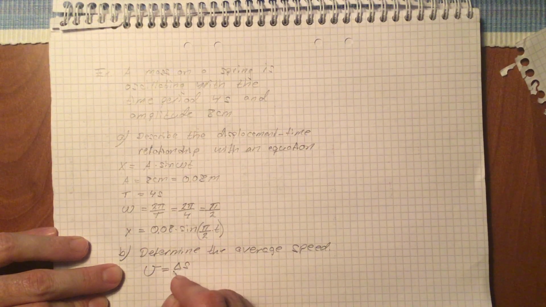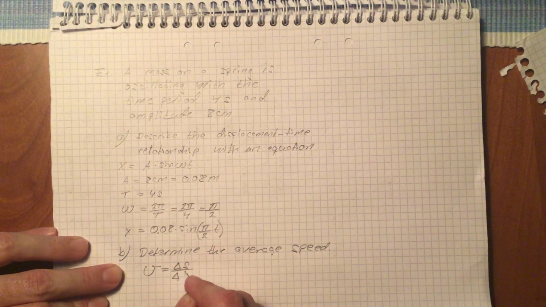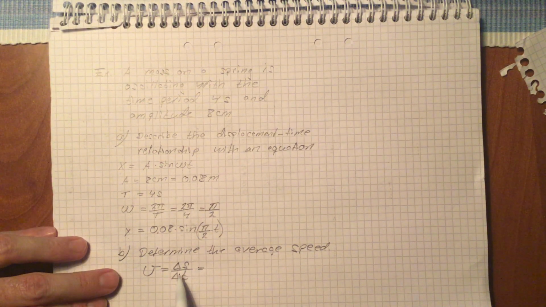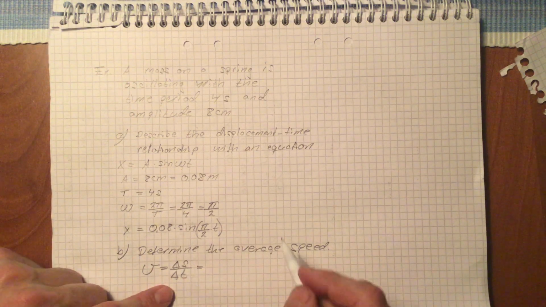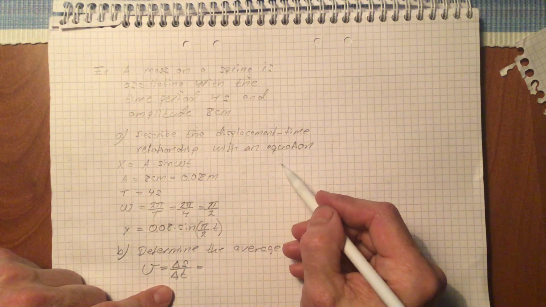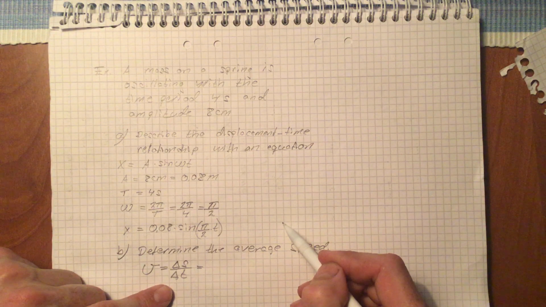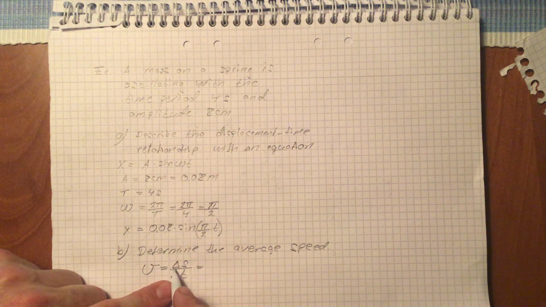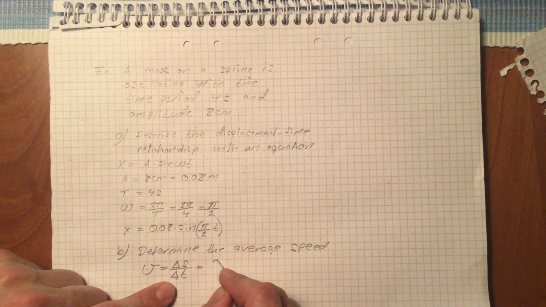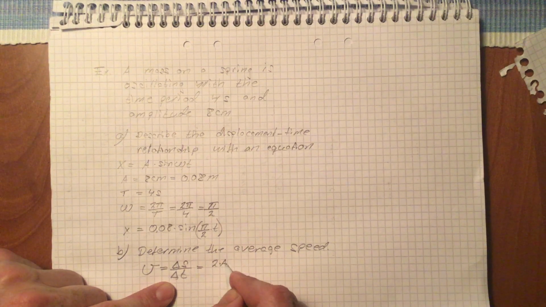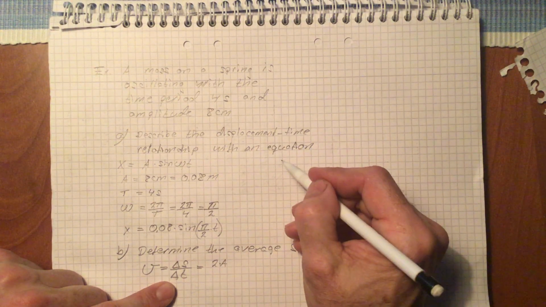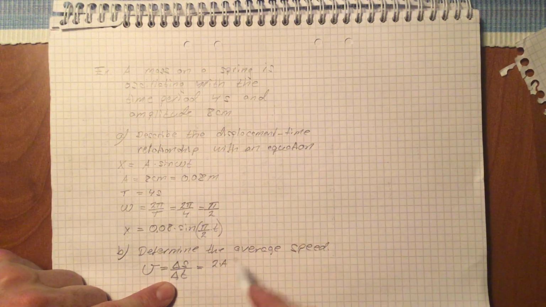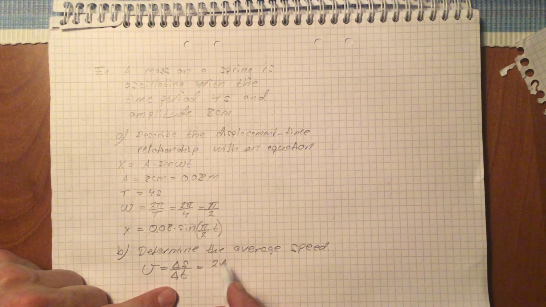The average speed is the change in distance divided by the time it takes. Now, let's see the time from the top to the bottom. The distance from the top to the bottom is 2 amplitudes: 1 amplitude from the top to the equilibrium, and then 1 amplitude to the bottom.